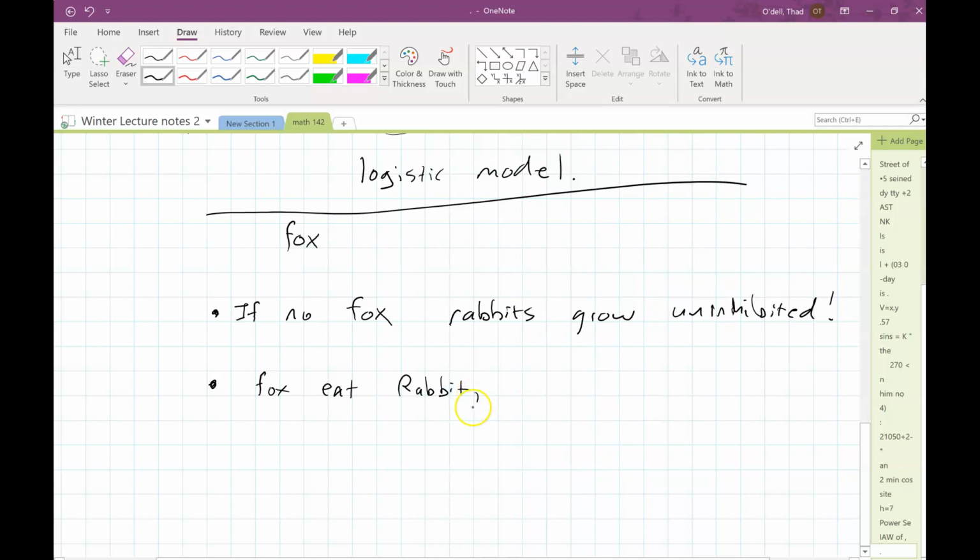That's an assumption that they do, and that's at a rate proportional to the rate at which fox and rabbit interact.